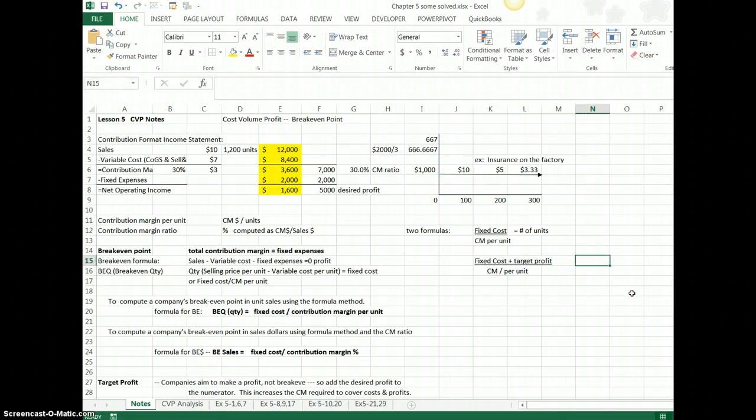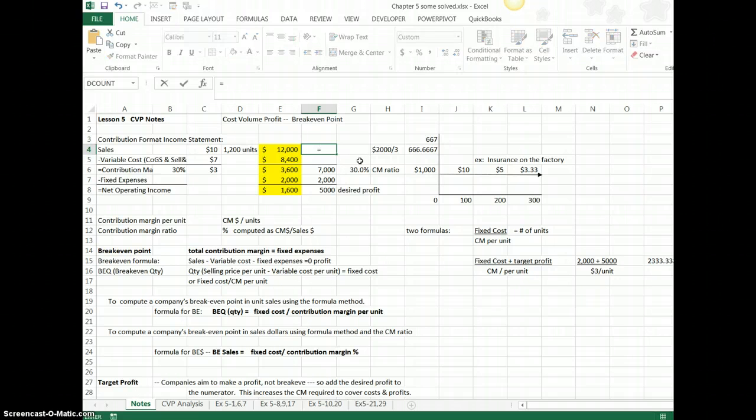So in our example, we want 2,000 plus 5,000 desired profit. We're going to divide it by our $3 per unit contribution margin given here. And thus 7,000 divided by $3 per unit tells me I need 2,333 units. Now we're going to do the math on that.